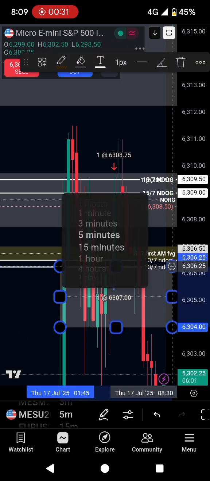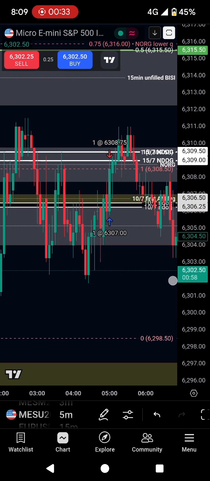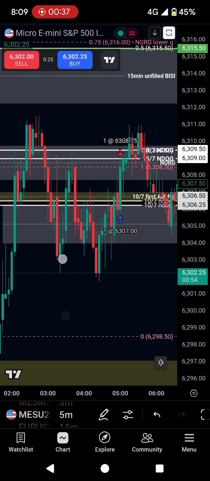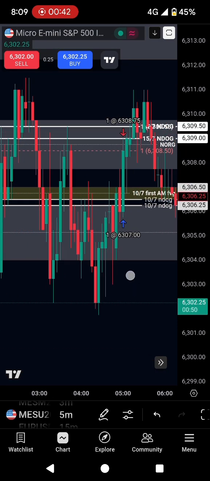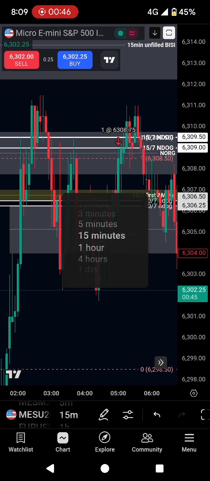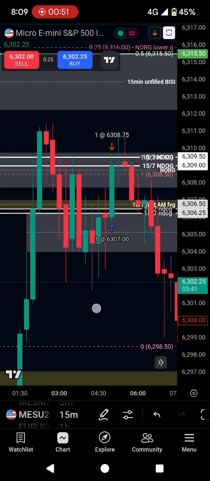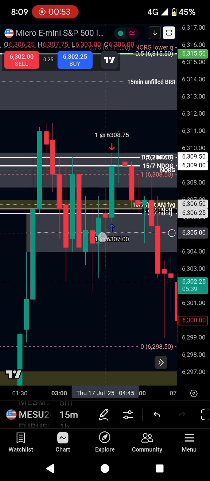And when we go on the 5-minute, okay, so this is the BC, and then we consolidated here, and I entered long here, which is where I ended based on the 15-minute chart. Basically we were inside this BC for so many times.